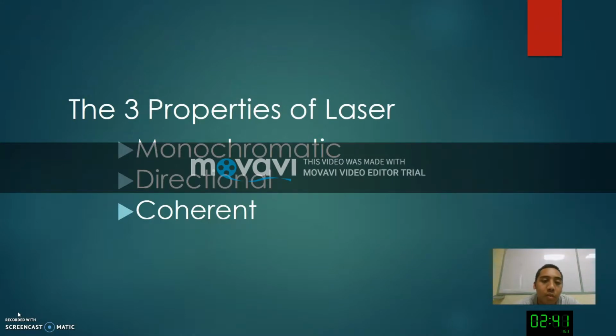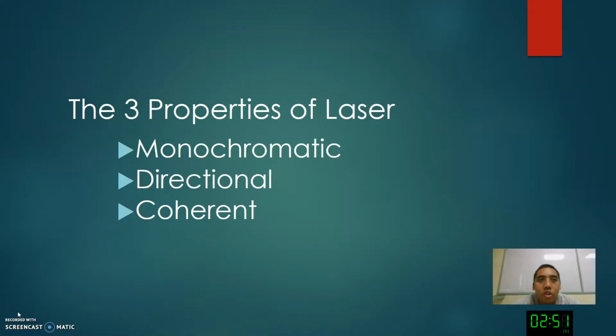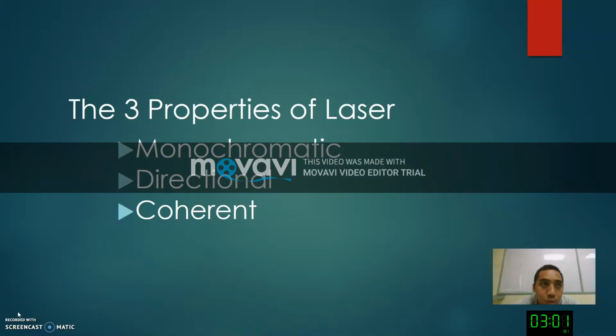These three properties of a laser significantly increase the danger in handling these types of devices because the amount of energy it can deposit in a small surface area is increased dramatically compared to normal light.